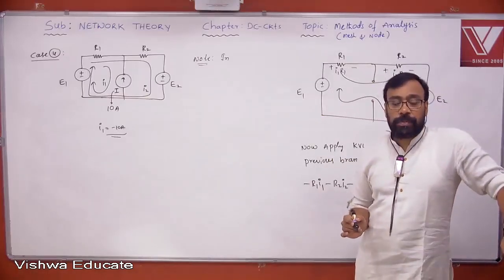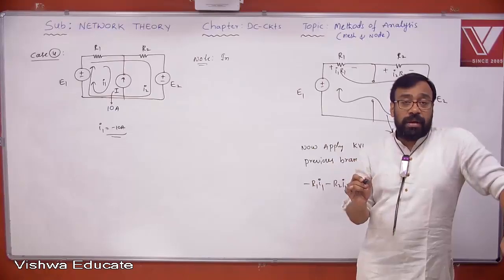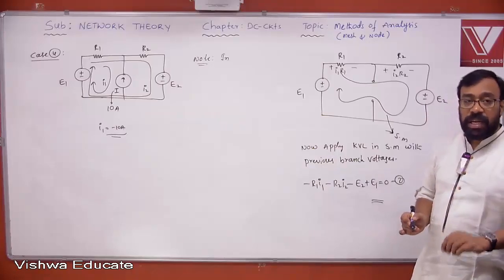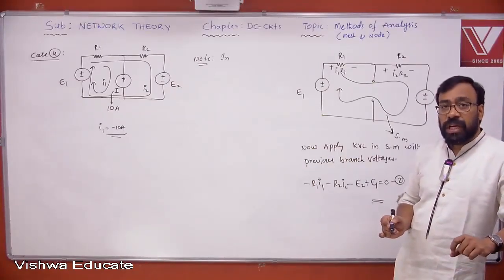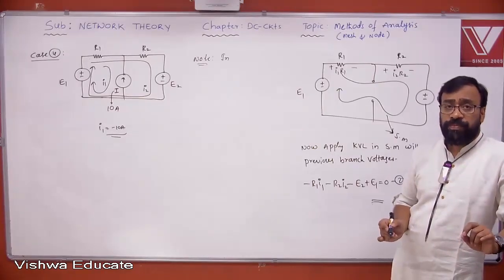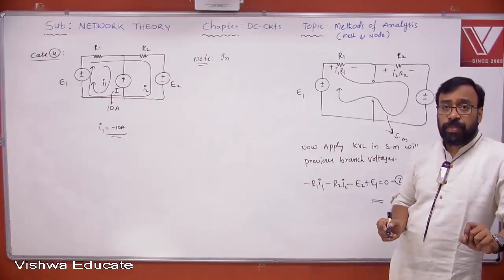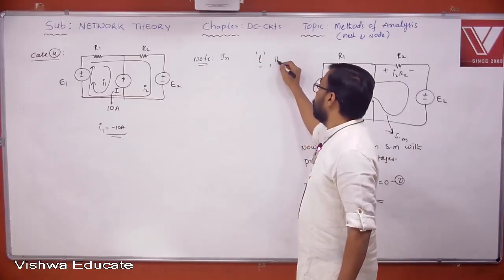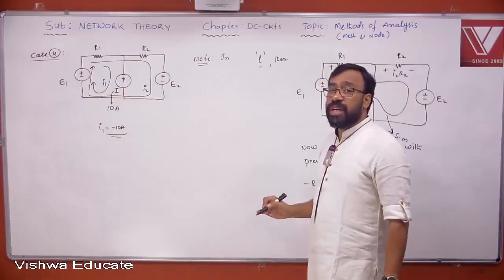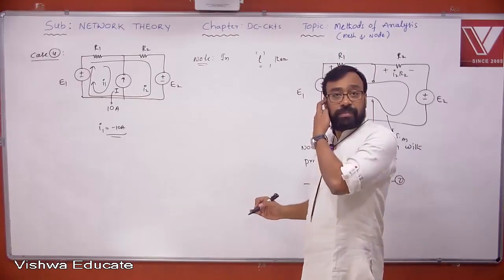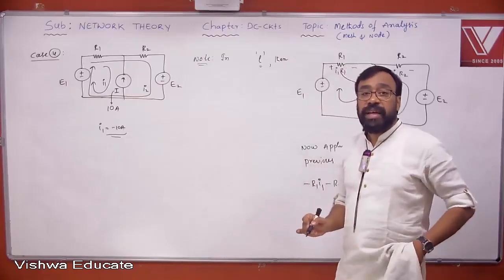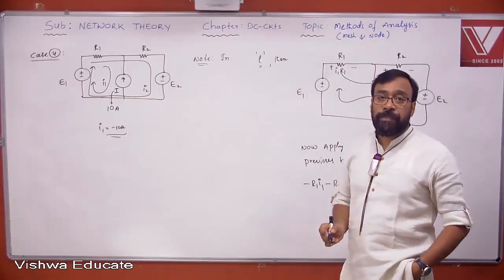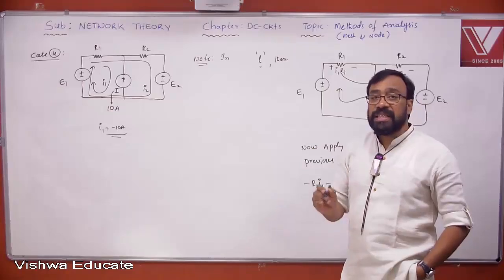In a given network, if it consists of L number of loops, then the minimum number of equations required is also L. Full stop.